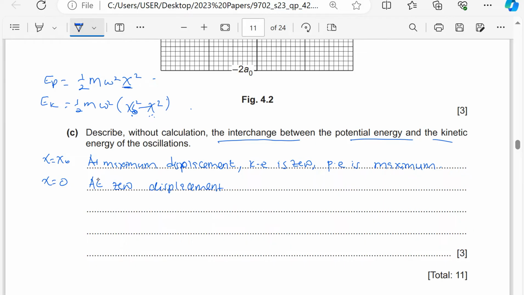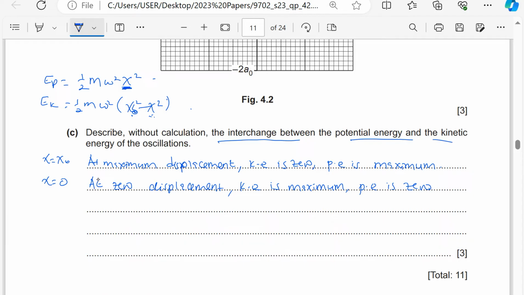When I put x as 0 here, potential energy becomes 0. When I put x as 0, kinetic energy becomes maximum. So kinetic energy is maximum and potential energy is going to be 0 or minimum.